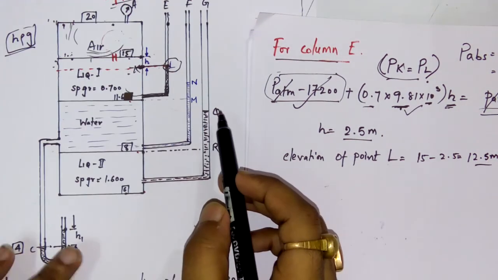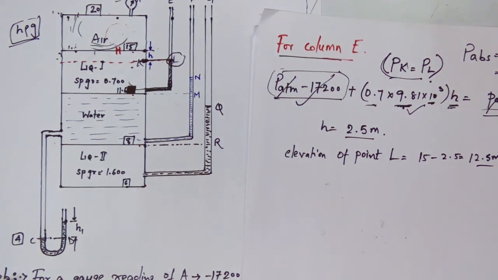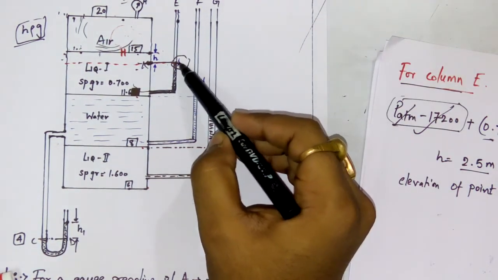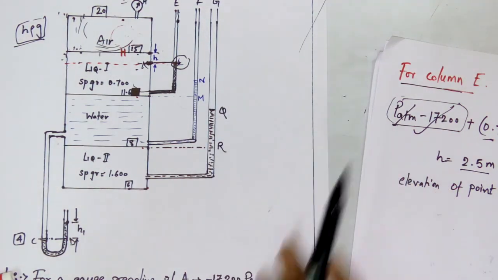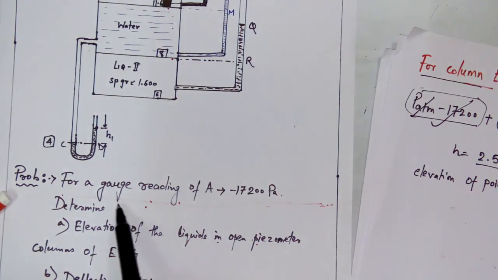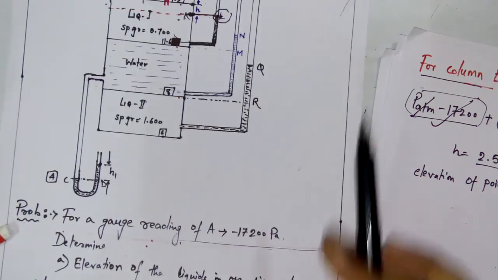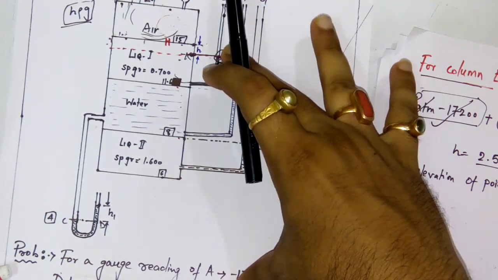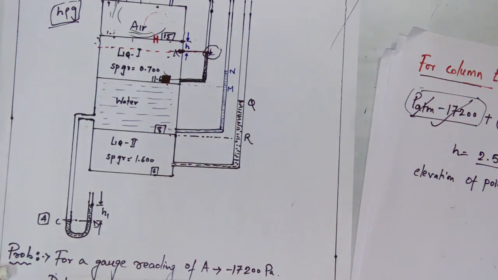So you can understand that the height of L from the datum level down here, which I have shown here, is 12.5 meters. Suppose this is my datum level. From the datum level to this point L, it is 12.5 meters.